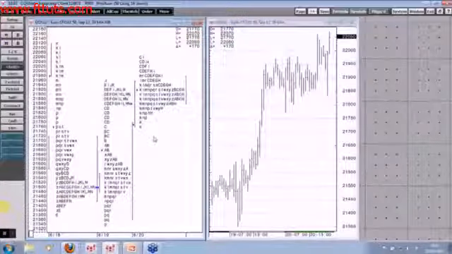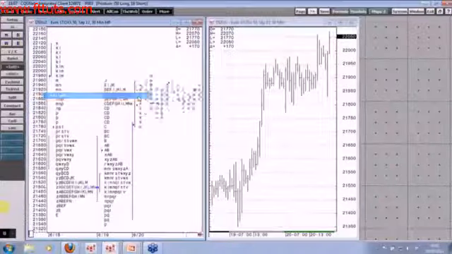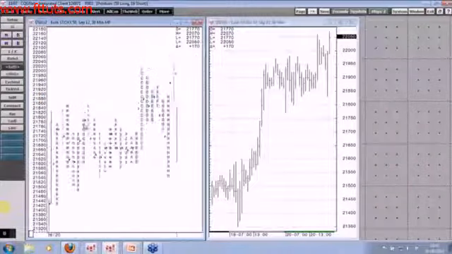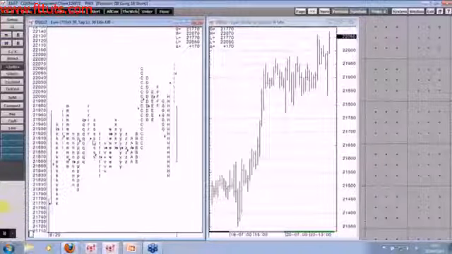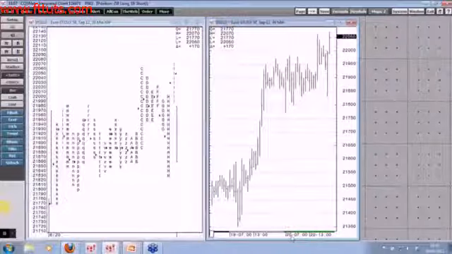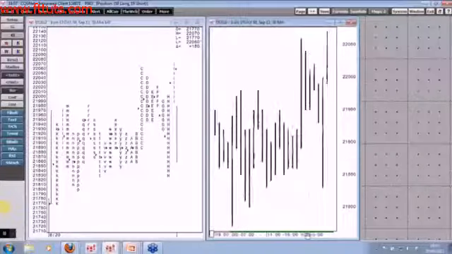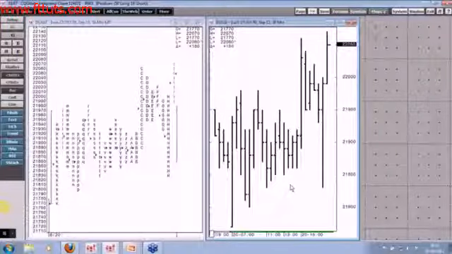It's showing just the prices of the market, but the way it displays it is very different. This here is today's action, and on the right-hand side this is today's action as well. They look identical because they are.